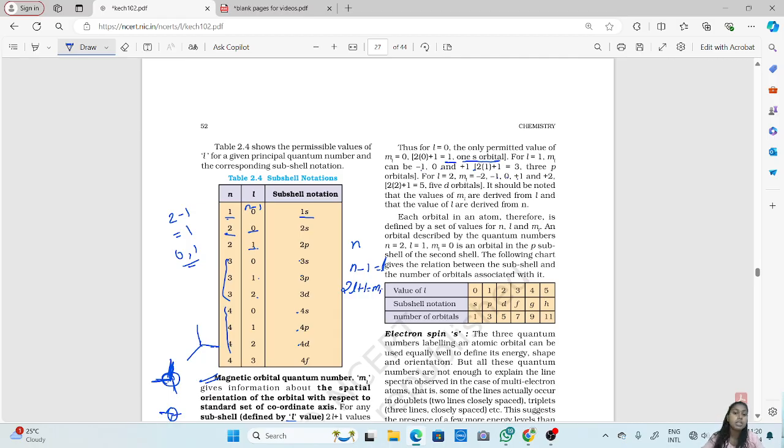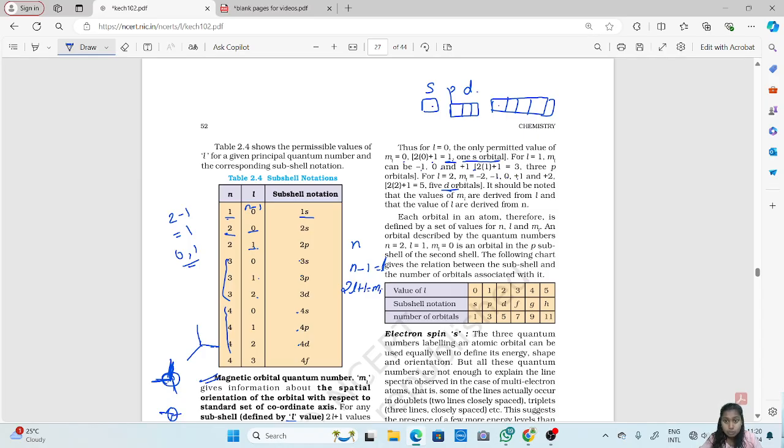So 5 orbitals, that is your d orbitals. Now you know that s, p and d you have, right? Now s has 1, p has 3 and d has 5. Why do they have this? Because for l equals 0, the permitted value of m_l, by calculating, you are getting 1, right? There is only 1. So that's why it is 1 here.